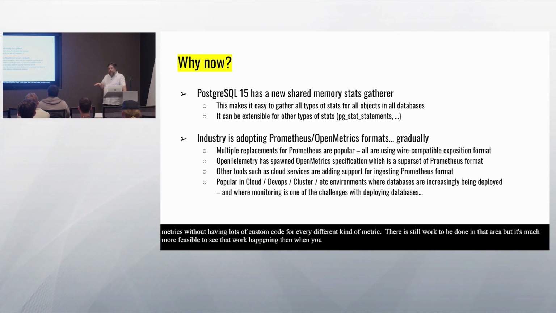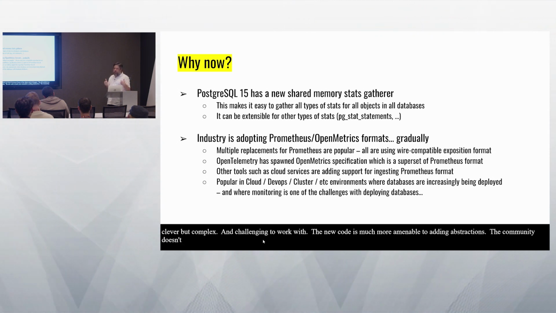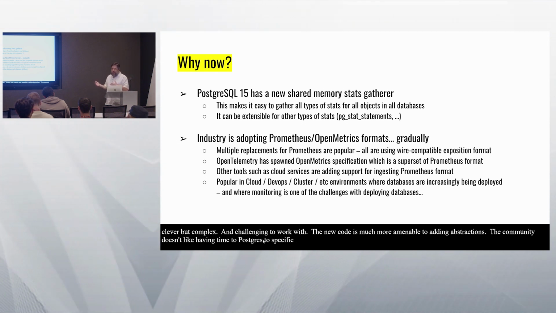The old method was clever, but complex and challenging to work with. The new code is much more amenable to adding abstractions. But also on the monitoring side, Postgres the community doesn't like tying Postgres to specific other technology stacks.